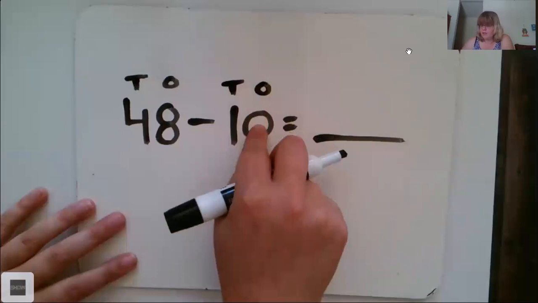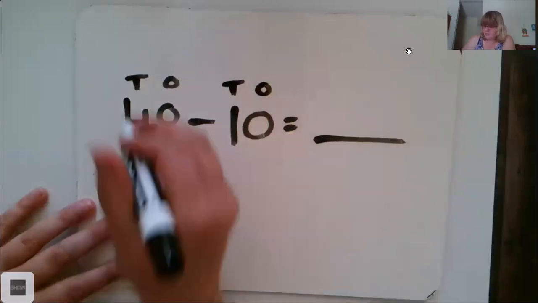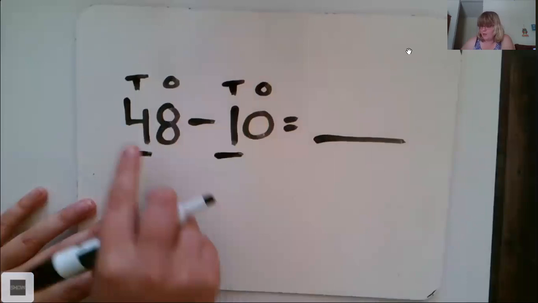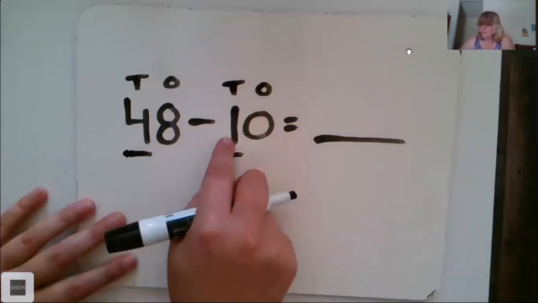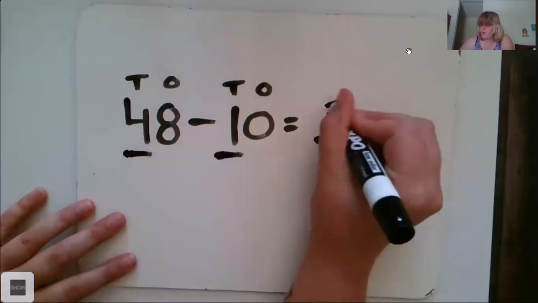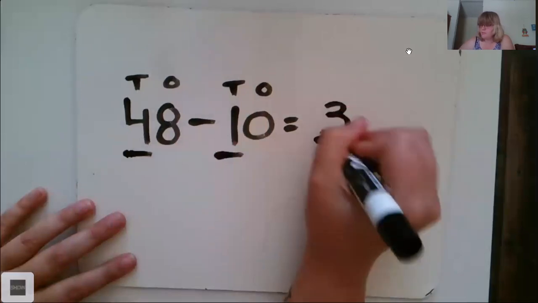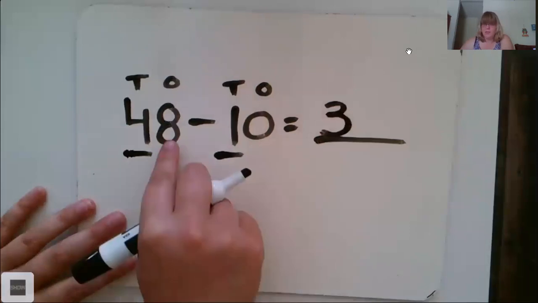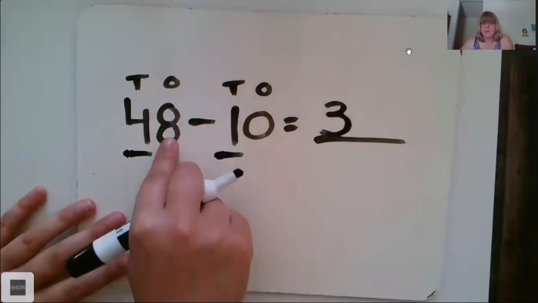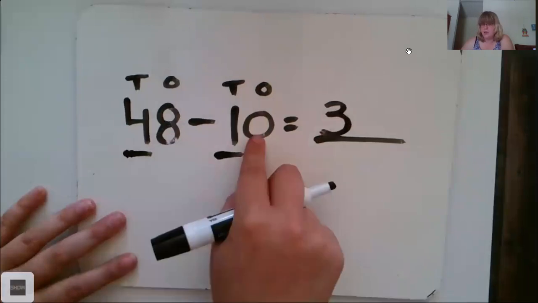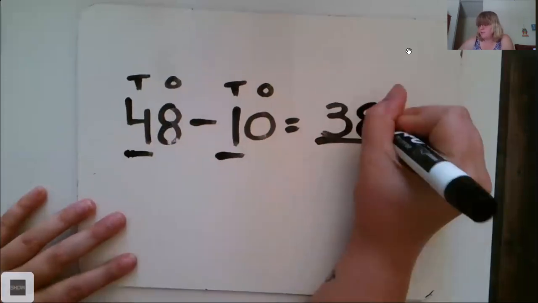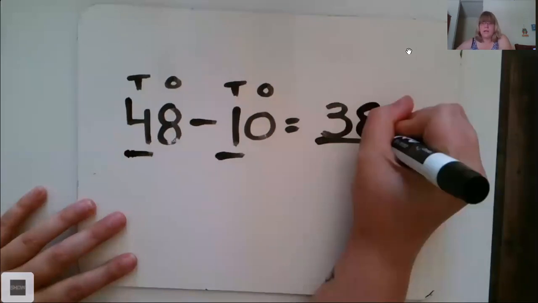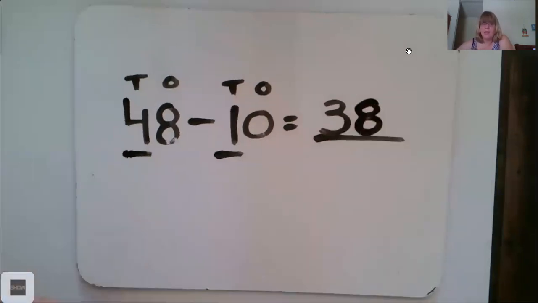If I focus just on the tens, I know that 4 minus 1 is going to take me down to 3. And if I look at my ones place, my 8, I'm not messing with them. I'm subtracting 0, so it's going to stay exactly the same. So I know that 48 minus 10 is 38.